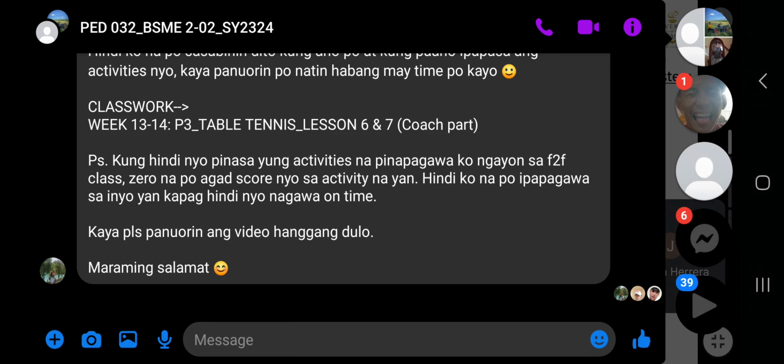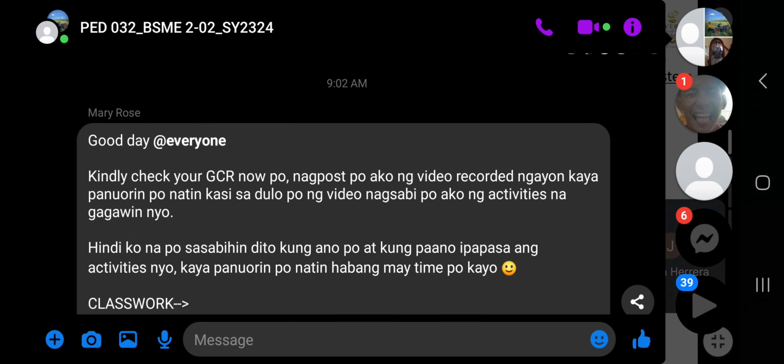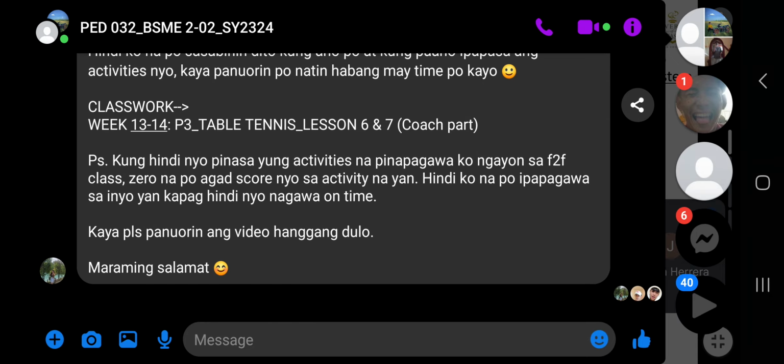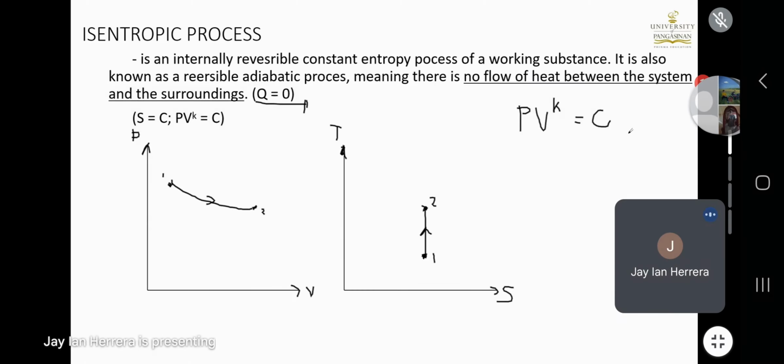PV^K. Yung constant natin dito is PV^K. So we can say na ito, P1 V1 raised to K is equivalent to P2 V2 raised to K. Matandaan niyo yung relationship na ito.